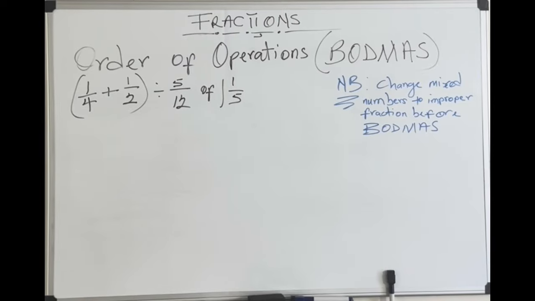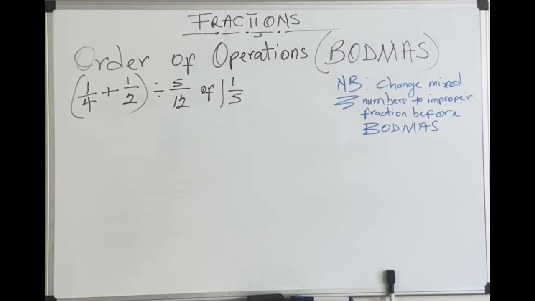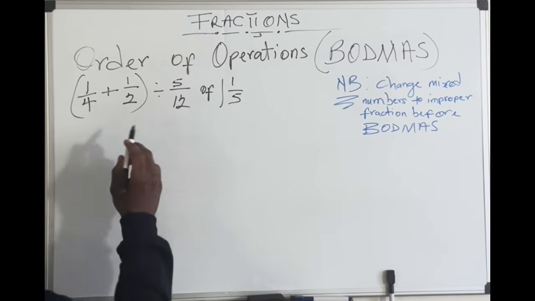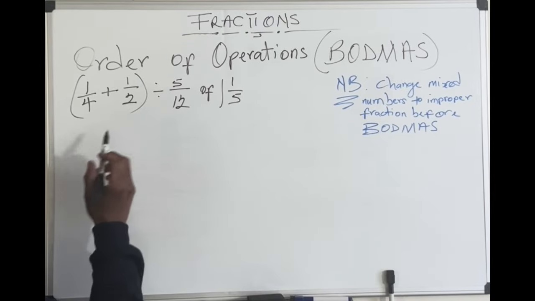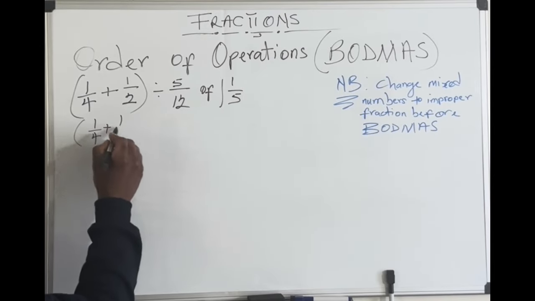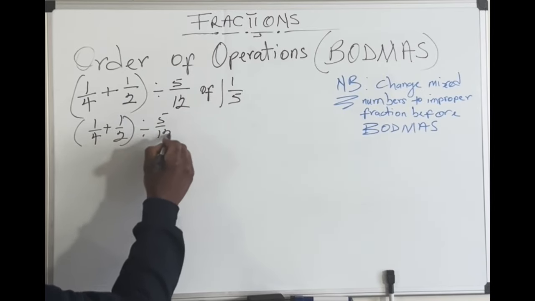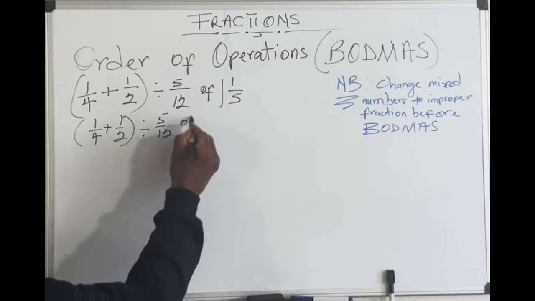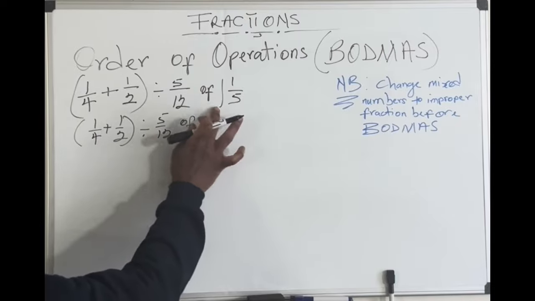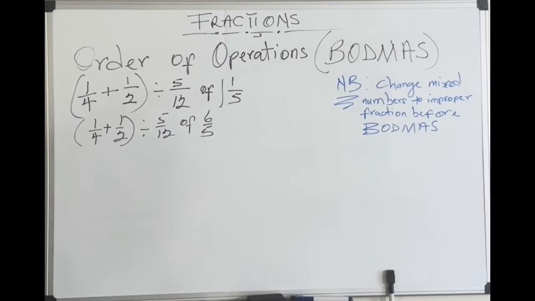With this, we need to change any mixed numbers to improper fractions before we move to the BODMAS. So 1 over 4 plus 1 over 2 divided by 5 over 12 of 5 times 1, 5, plus 1, 6 over 5. Okay.